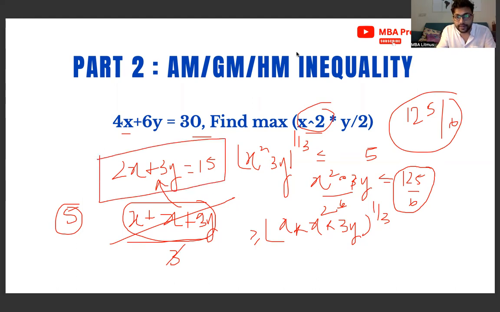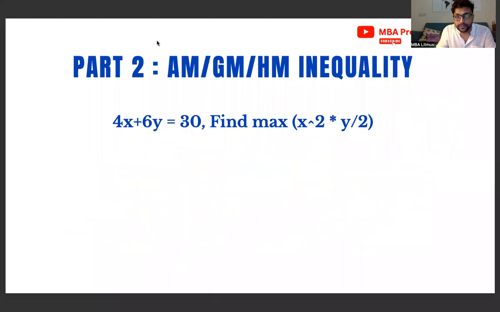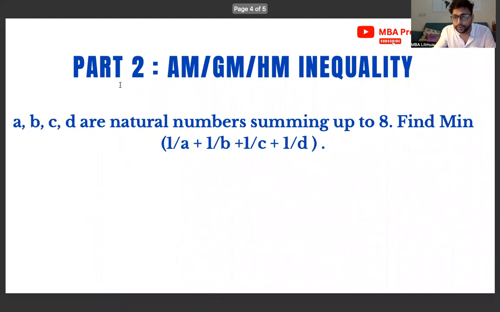Correct. Now let's see one more wherein we involve a little bit of HM also, which is harmonic mean. Now in this question, have a look. I have A, B, C, D, which are natural numbers, which are positive integers, summing up to 8. Find the minimum value of 1 by A plus 1 by B plus 1 by C plus 1 by D. Perfect.